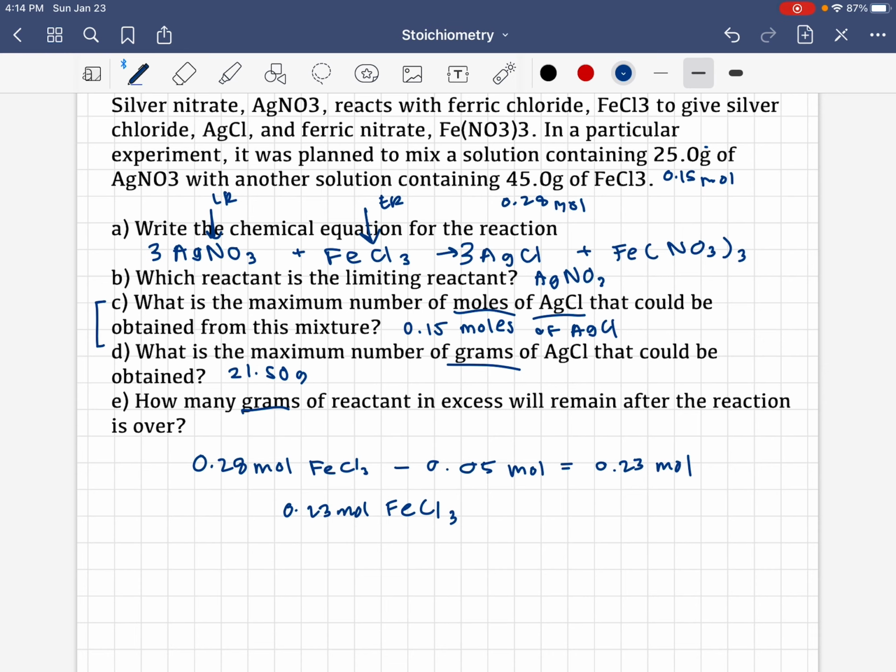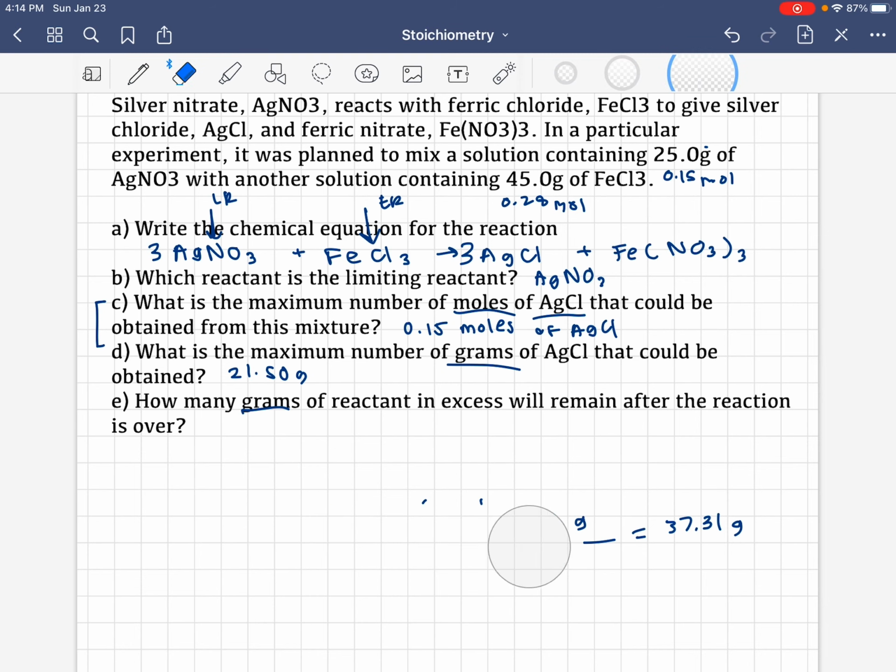Okay. What's the molar mass of this? 162 grams. Okay, so you get, it cancels out, you get 37.31 grams. And this is the amount in excess in grams for FeCl3. And that's it.